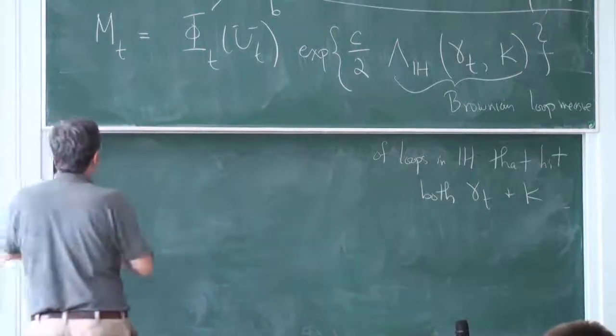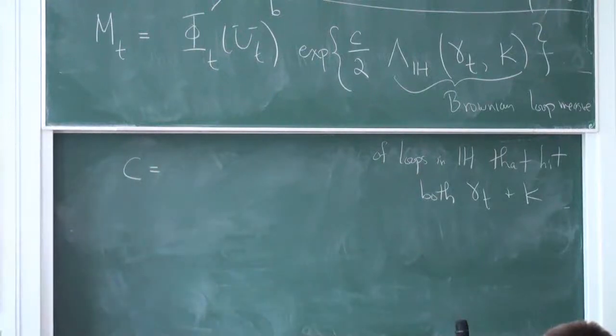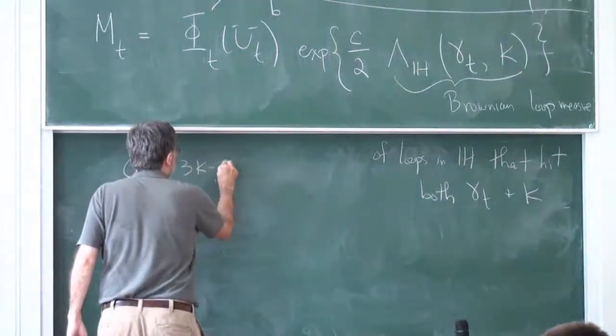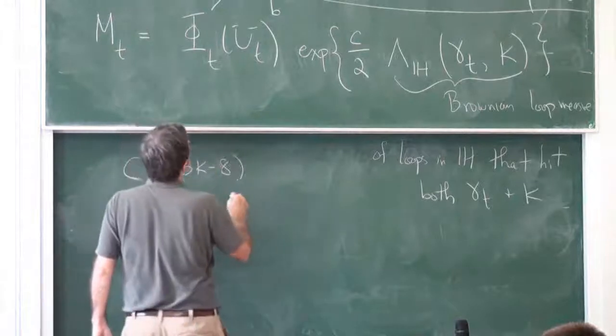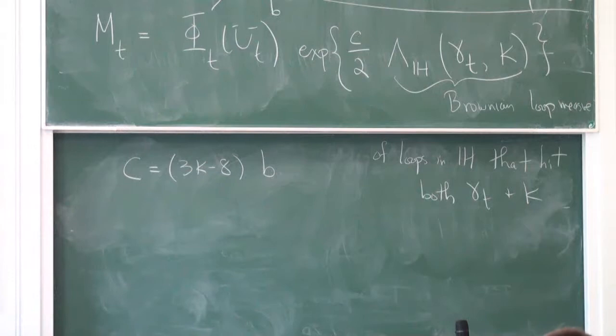And c is a number, and that number turns out to be 3 kappa minus 8 times b. Okay, I still haven't told you the main fact.